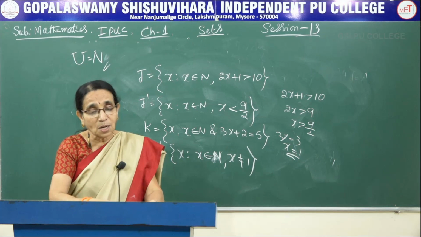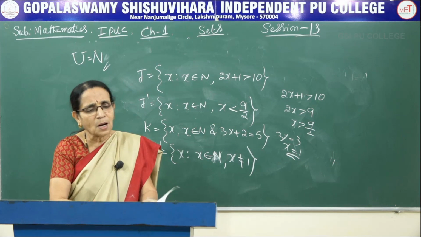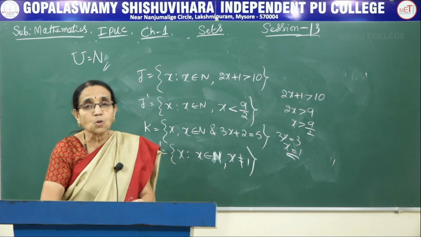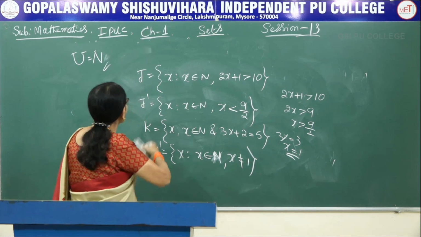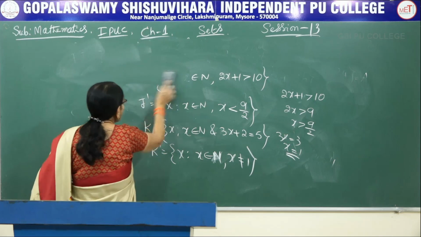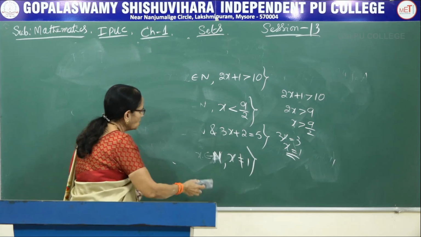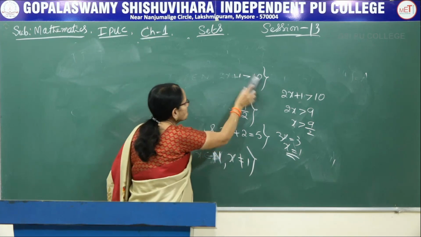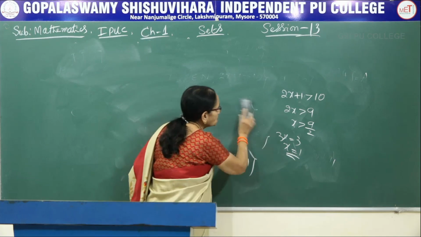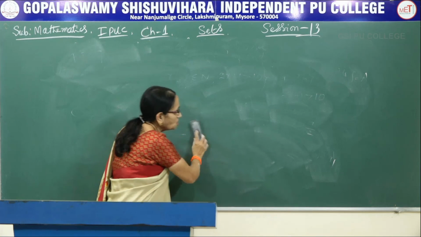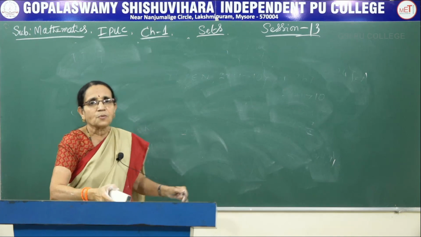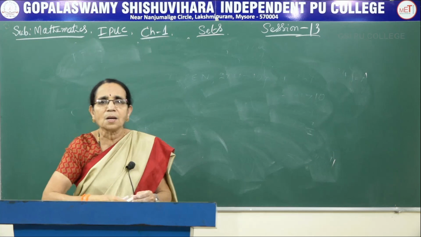Sometimes for a 3-mark question, they may ask you to prove De Morgan's law. De Morgan's law means A union B whole dash is equal to A dash intersection B dash, or A intersection B whole dash is A dash union B dash. So 2 operations are there. Left hand side union means right hand side intersection.